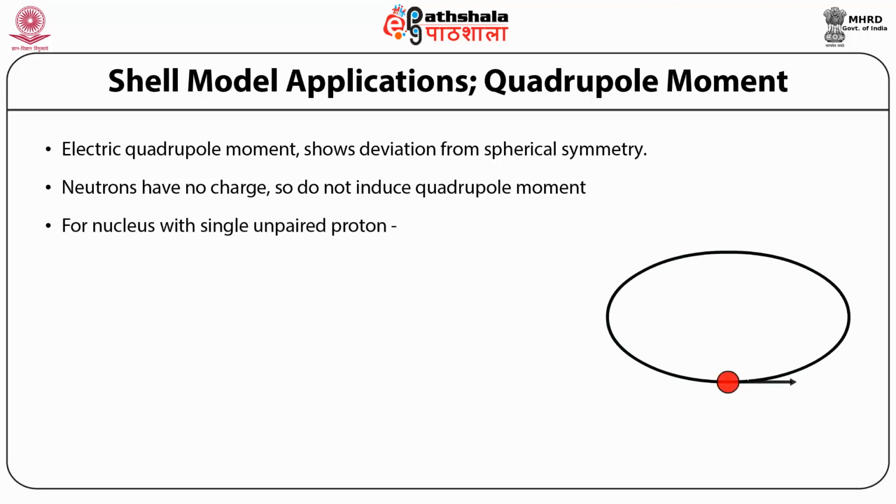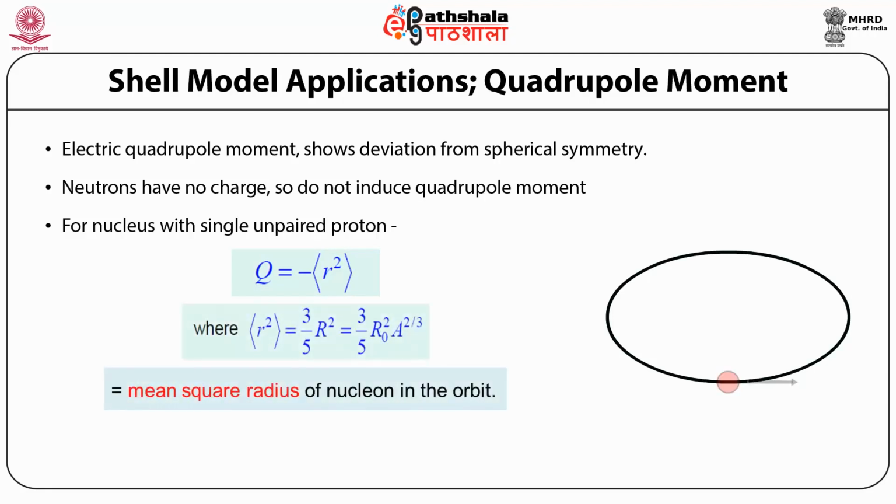For nucleus with single unpaired proton, the quadrupole moment is defined as Q is equal to minus expectation value of r square, where expectation value of r square, or the mean value of r square, is equal to 3 by 5 R square, which is equal to 3 by 5 R0 square A to the power 2 by 3.